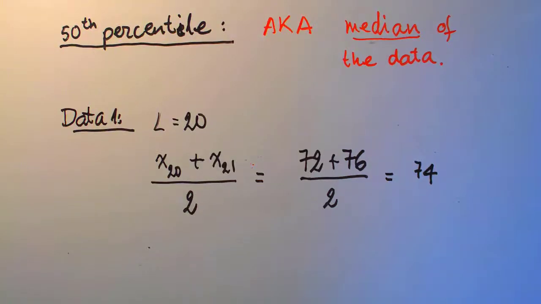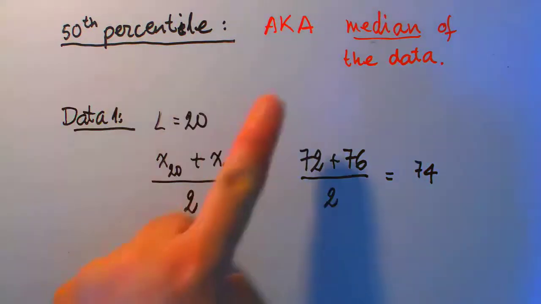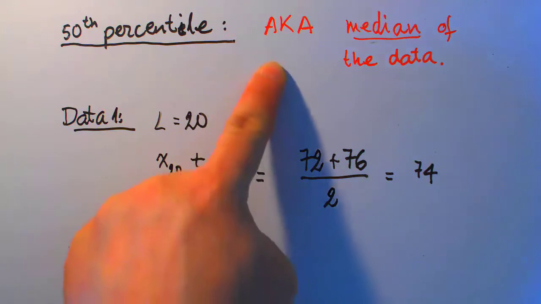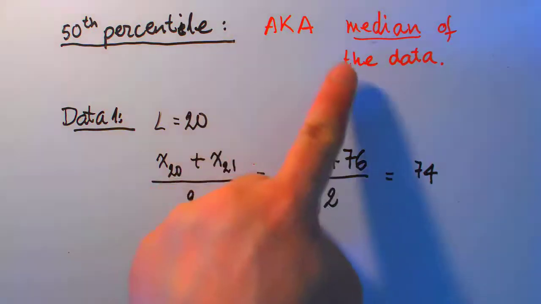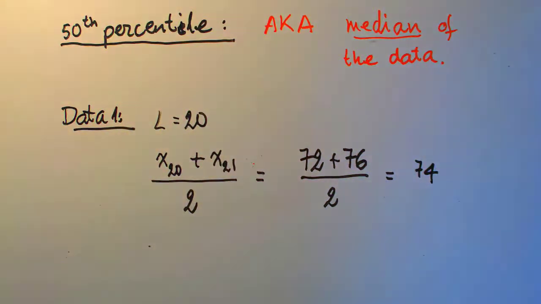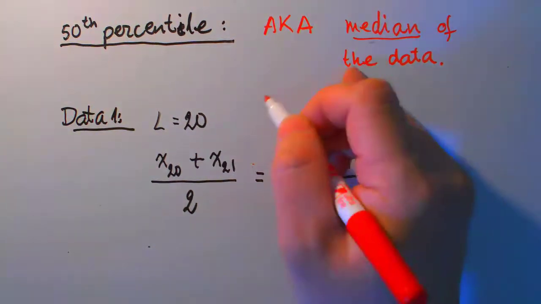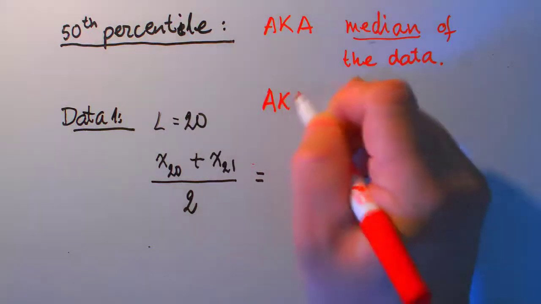Then, looking back again at the 50th percentile, we found out that it was also known as the median of any data. But think about where the 50th percentile was found: 2/4 of the data is below that cut. So we also have another name for the 50th percentile.